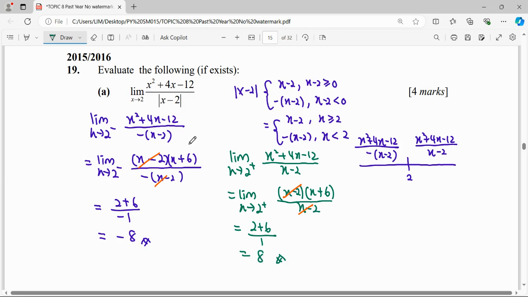We can notice that the limit as x approaches 2 from the left-hand side and from the right-hand side give us different answers.